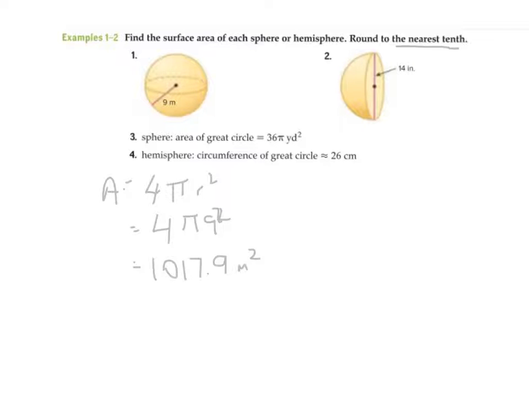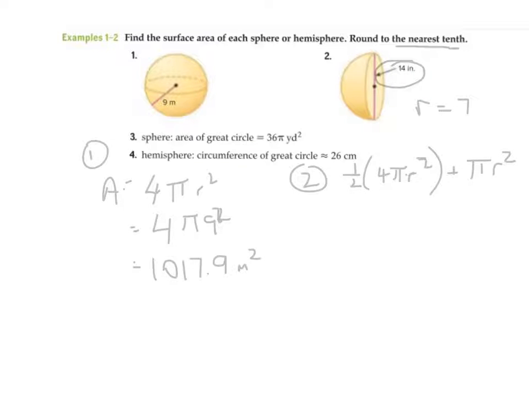Okay, so there's question number 1, but let's have a look at question number 2 and how that differs. This time you've got a hemisphere. So you've got only half of your sphere, so it's a half times 4 pi r squared. Then you've got to add on to that the area of the base, which you know is pi r squared. The diameter is 14, so the radius equals 7.